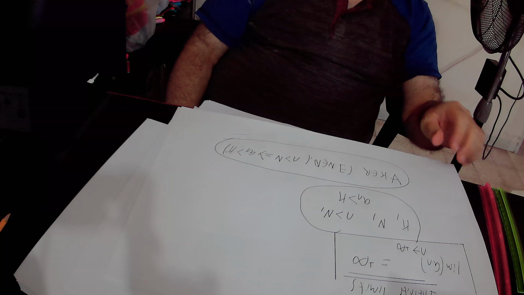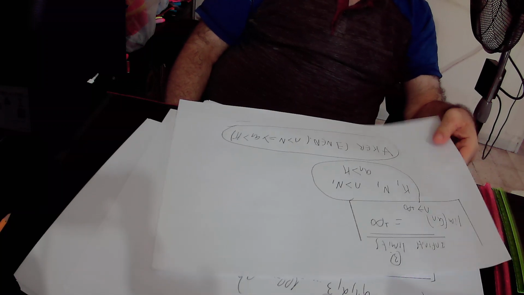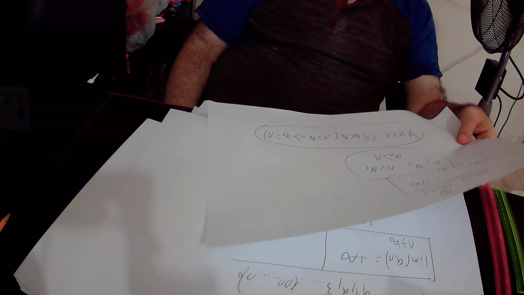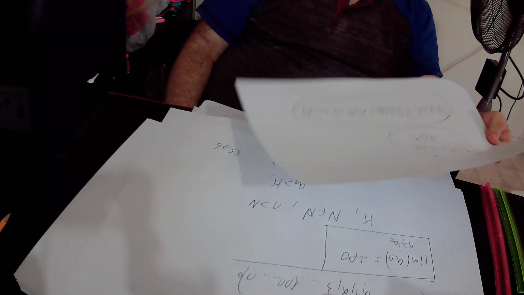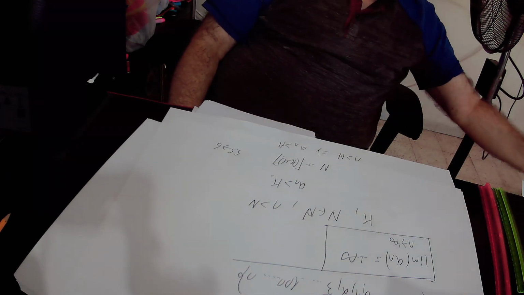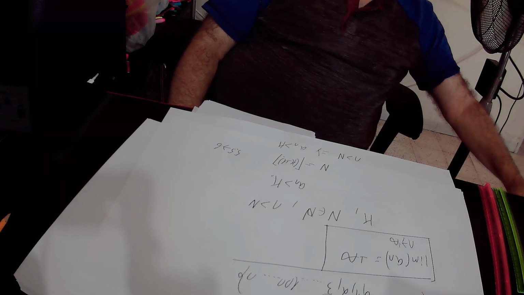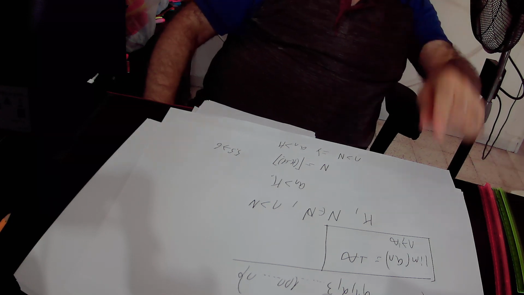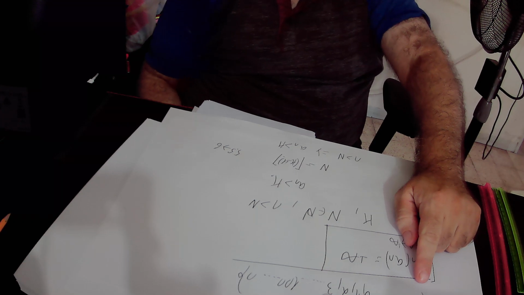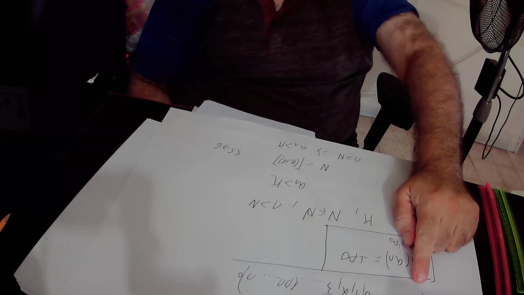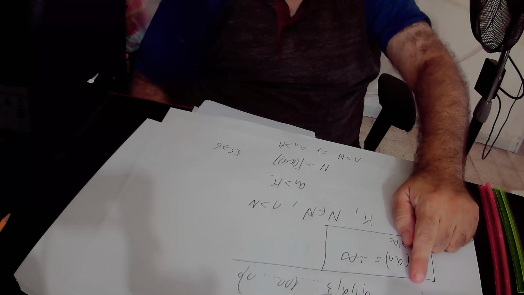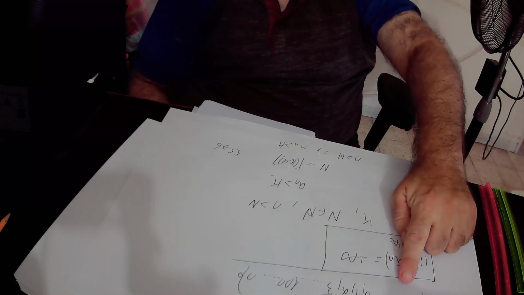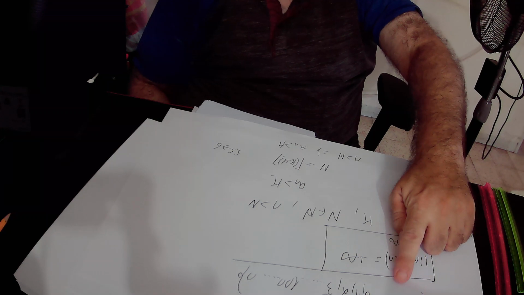Then we proved that the limit of the set of the natural numbers is plus infinity. Here, the way to write down the terms of the set of the natural numbers is an equals n.